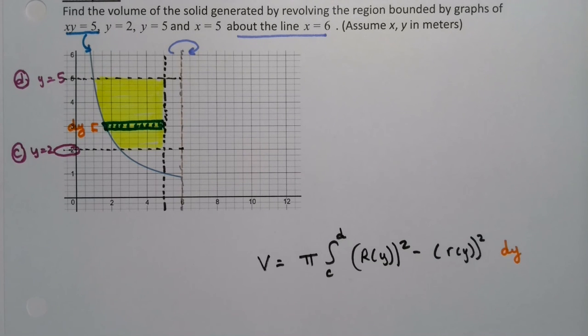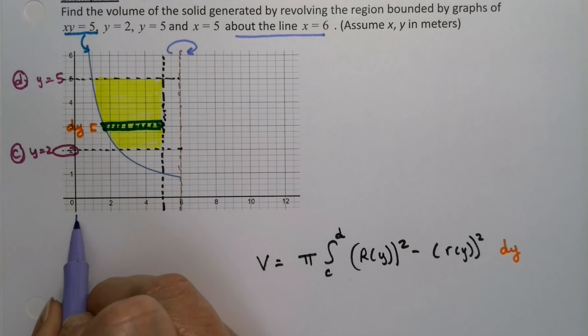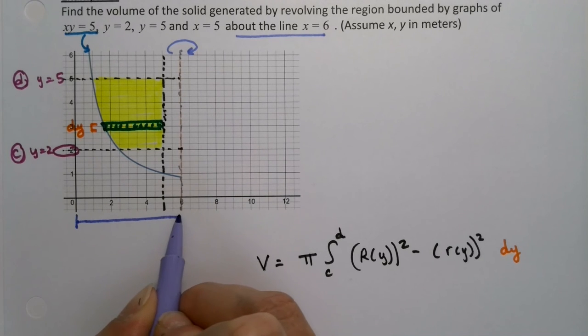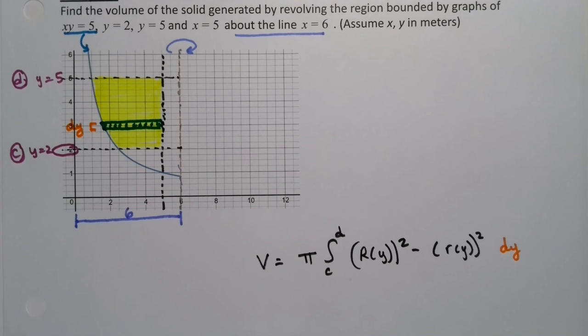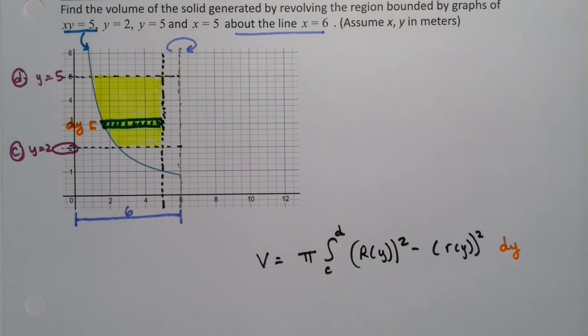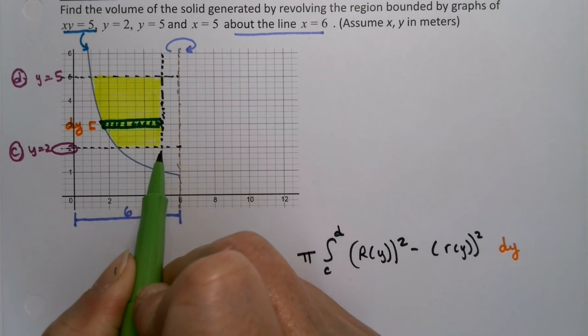Okay, so let's think here. The entire distance from the y-axis out to the axis of rotation is 6, right? Now, the little radius is inside, and then there's the big radius. The little radius is actually really easy to figure because this is a set width. It's never changing.